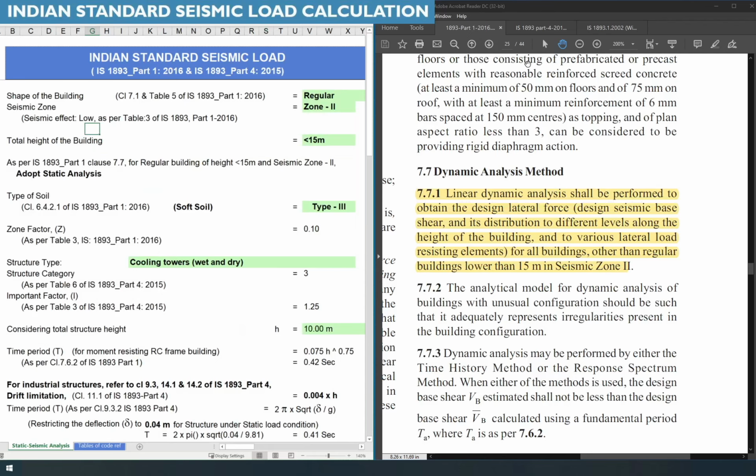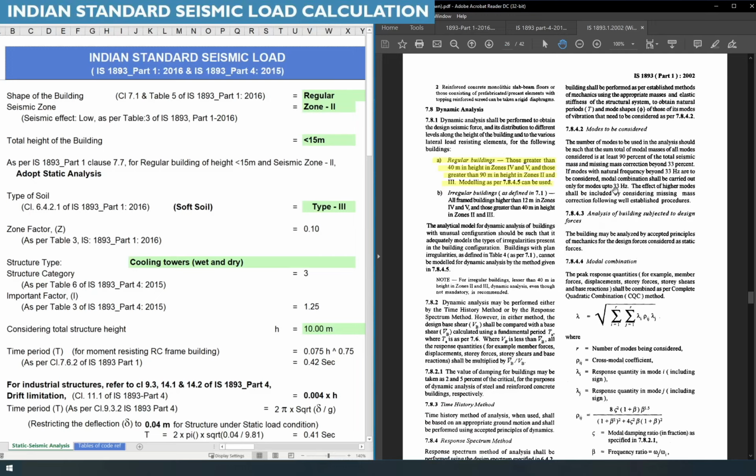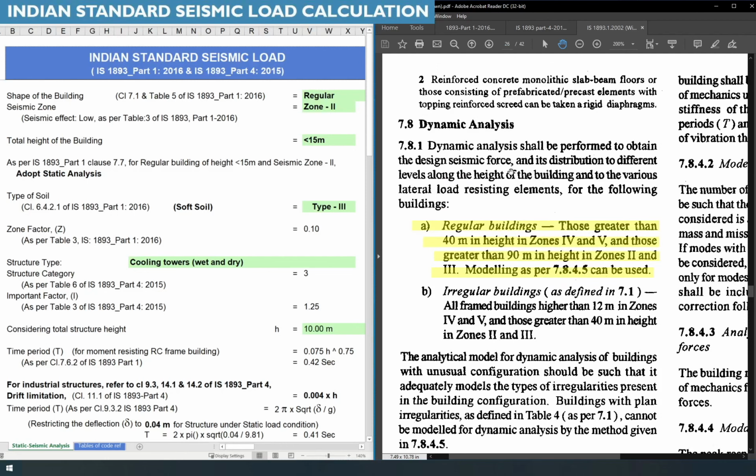If you refer to the old withdrawn code IS 1893 Part 1 2002, page number 26 is to be referred. You can see here clause 7.8.1 stating two subclasses, regular buildings and irregular buildings.